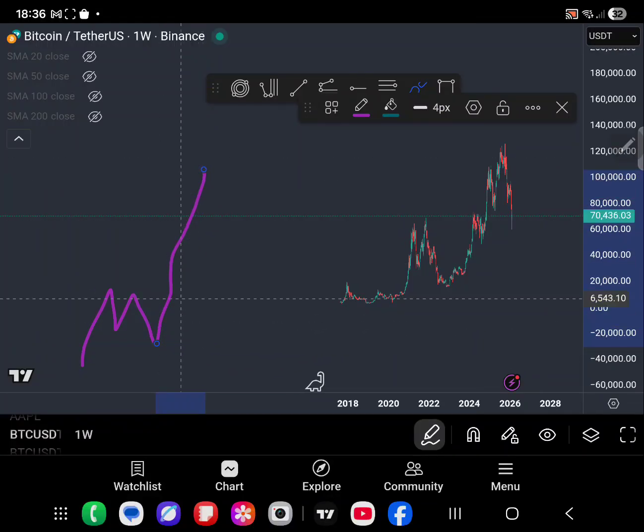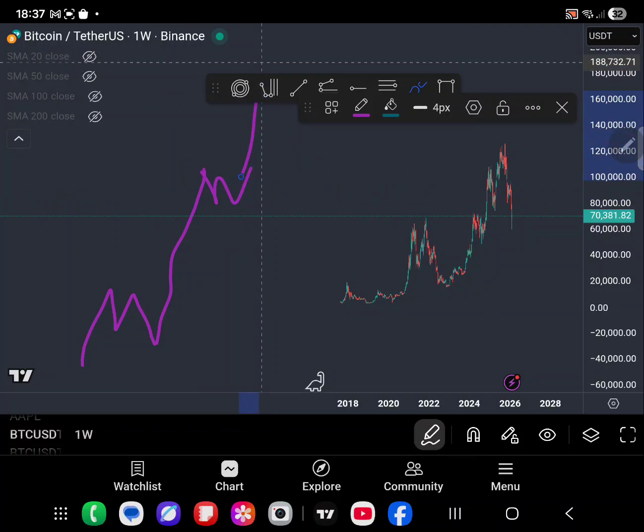And obviously you can count this bit, so that's a 1, 2, 3, 4, 5. And then you've got an A, B, C. And then it'll be 1, 2, 3, 4, 5 again. The 3 is itself a 1, 2, 3, 4, 5. An impulse wave always has 5 waves in it. So it'll go 1, 2, 3, 4, 5 like that. And then you get another correction. And then it'll take off like a rocket again.